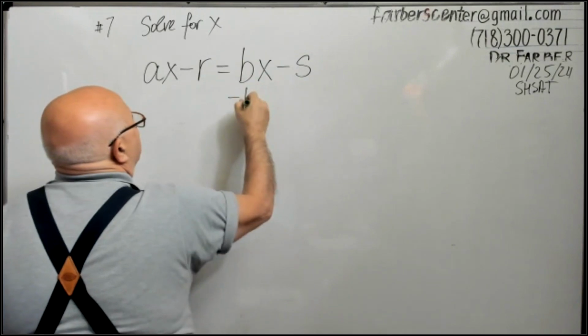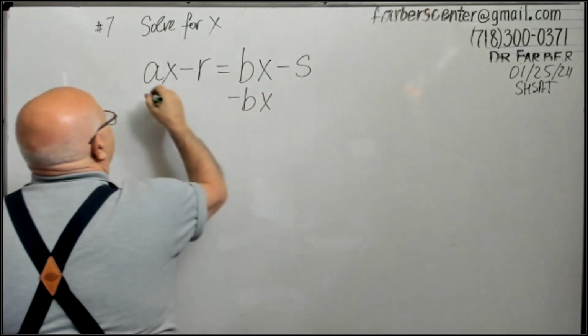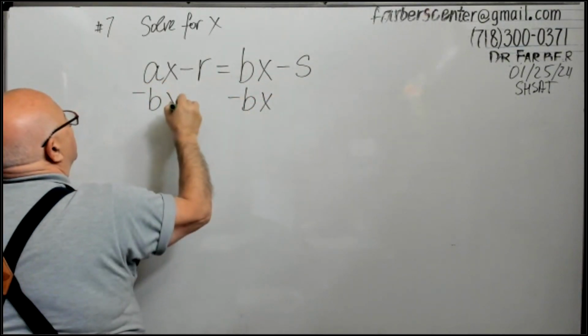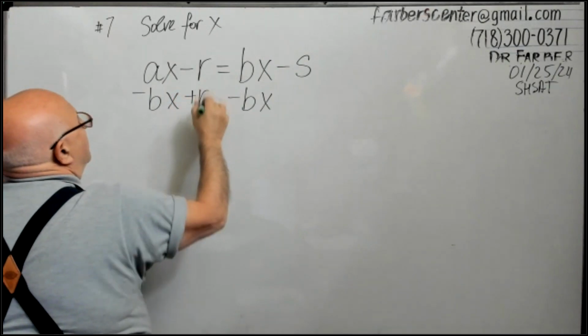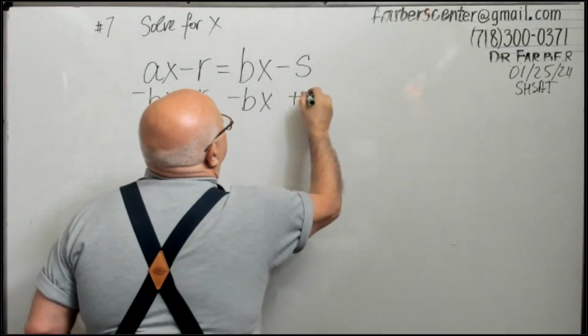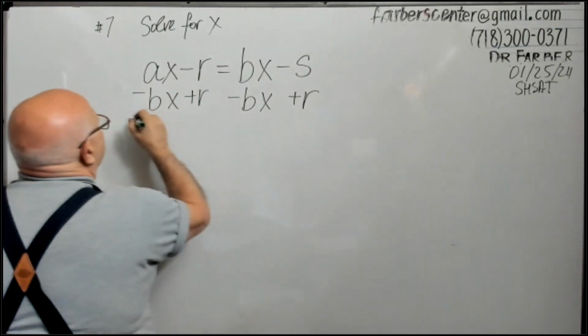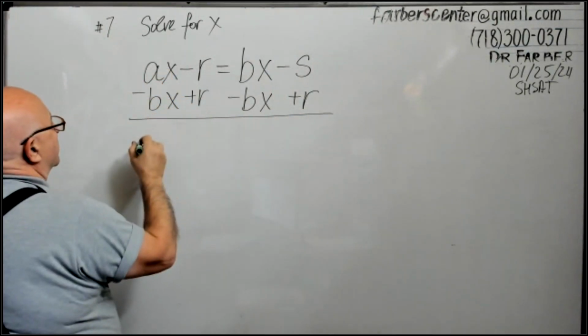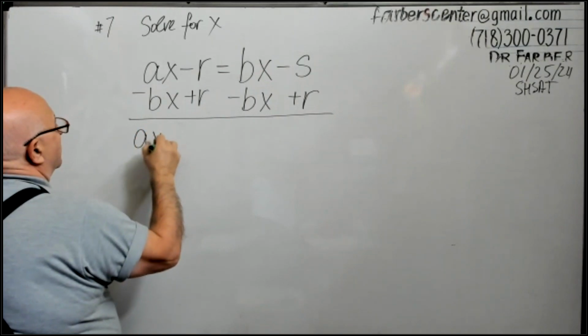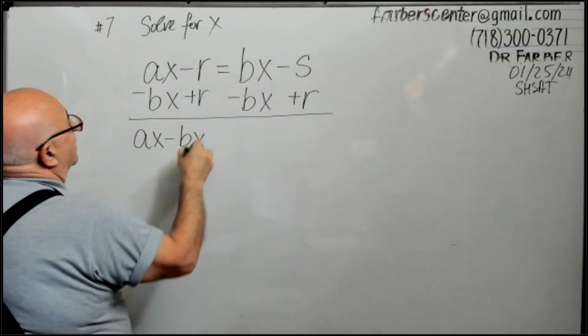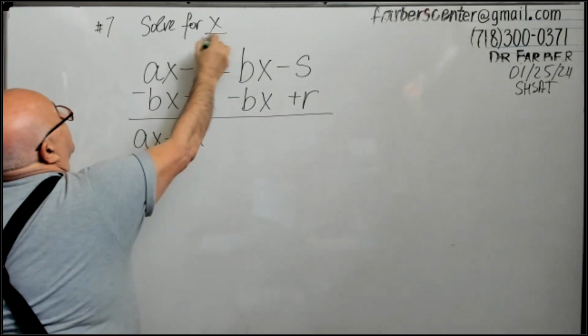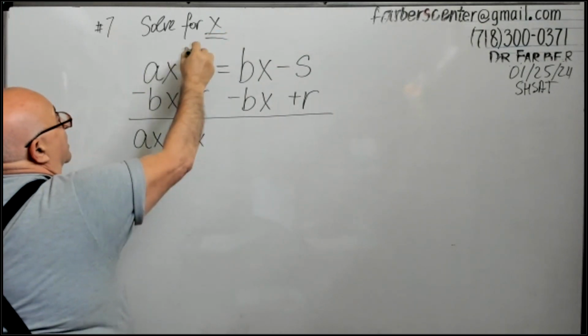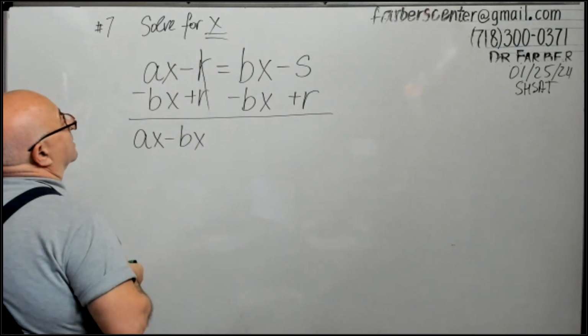Minus BX and minus BX. Plus R and plus R. You have AX minus BX. You see, I have all terms with X because X is my target. And negative R plus R cancel out.